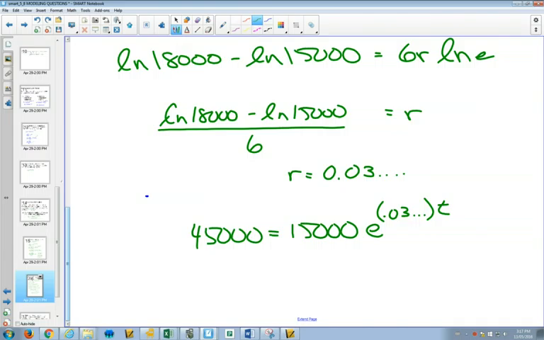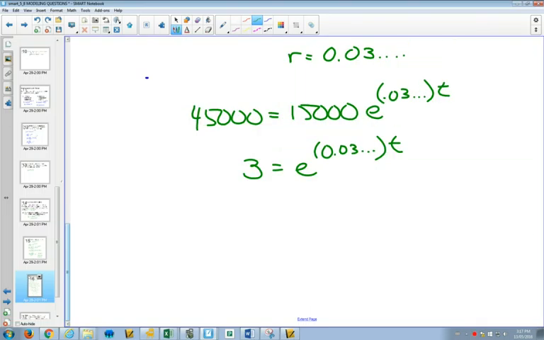So again, I'll show that I'm keeping all of my decimal places there. This time, instead of taking the log right away, I am going to divide both sides by 15,000 because it really shows us what happens when something triples. And now we're still solving for something in an exponent. Take the log of both sides.